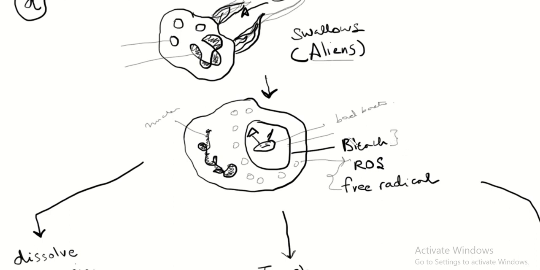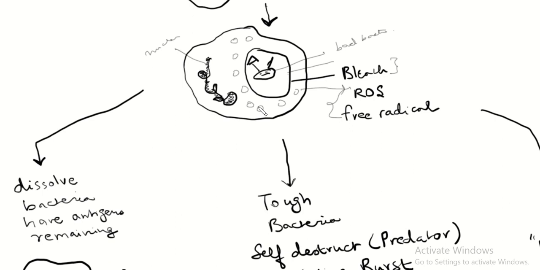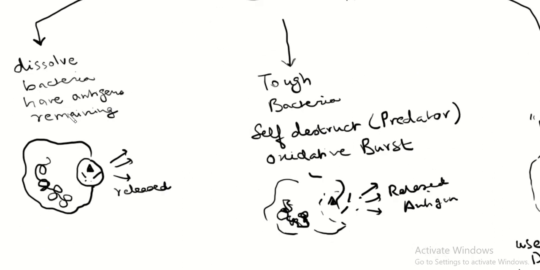So what it does is these granules start to attack this bacteria that is in this area. So there's three things that can happen. First, it dissolves the bacteria. And then once it dissolves the bacteria, you only have the antigens or the surface markers or the different molecules in the bacteria that remain.